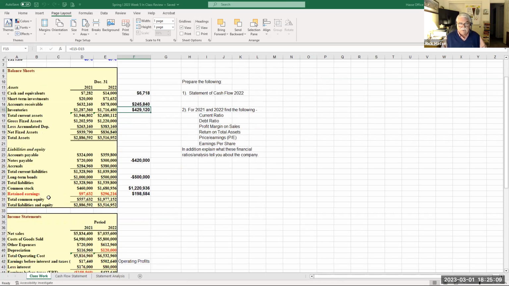Plus the equity of the company, which is made up of two accounts, common stock, the amount of value of invested stock in the business by the market, and retained earnings, the accumulation of profits.